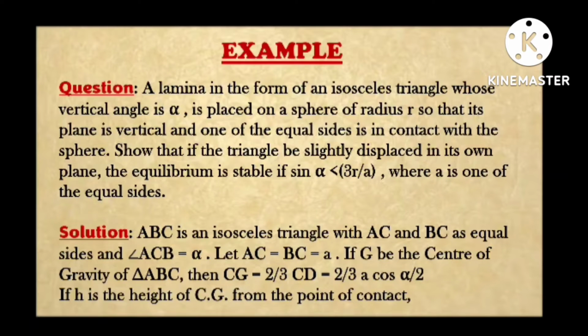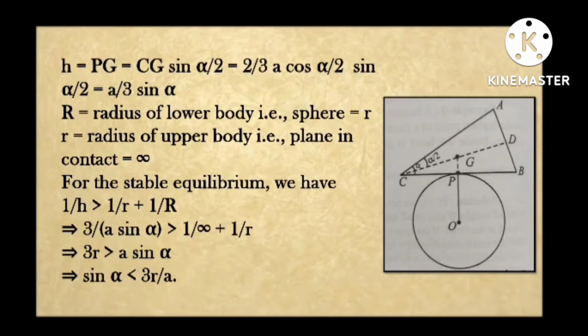If h is the height of the center of gravity from the point of contact, then h will be equal to PG, which is equal to CG sin alpha by 2, which equals 2 by 3 a cos alpha by 2 into sin alpha by 2, which is equal to a by 3 sin alpha.